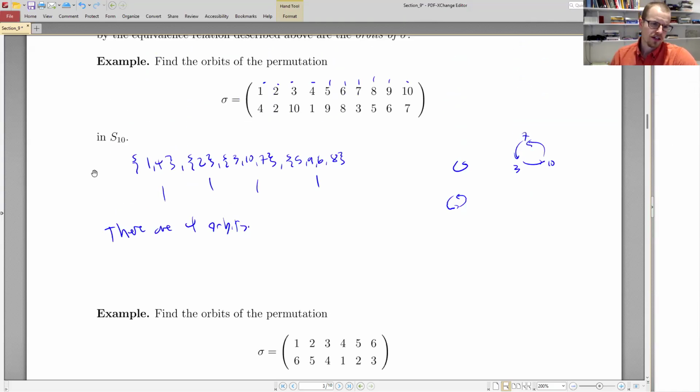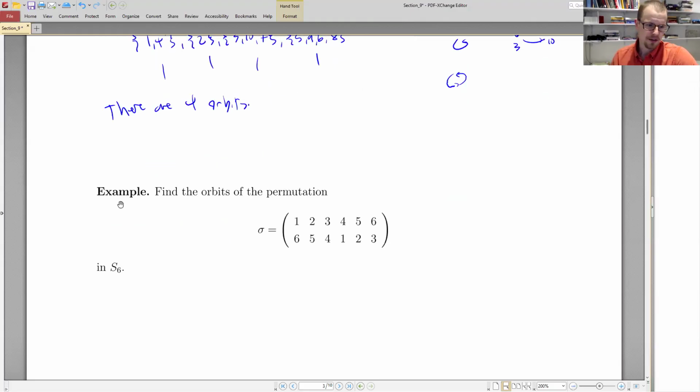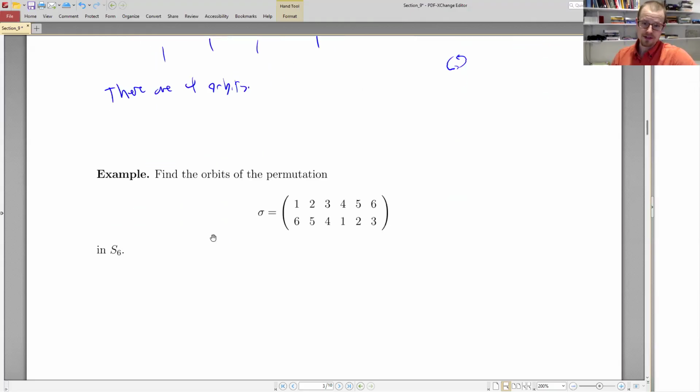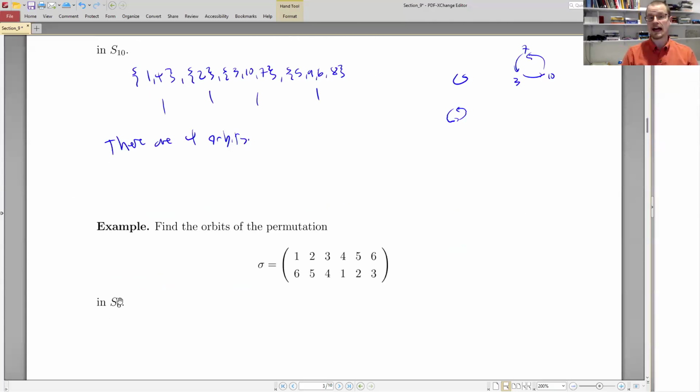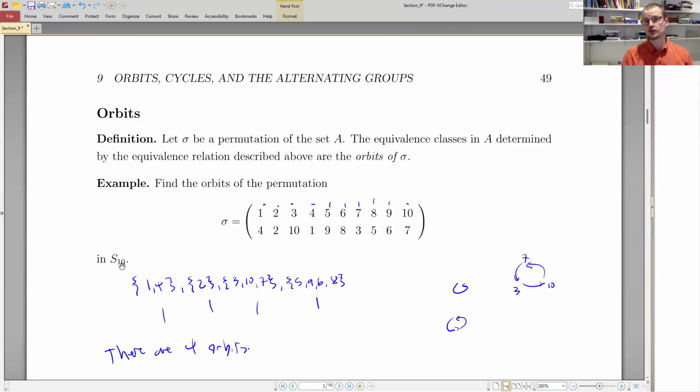Now, you might say to yourself, well, Dr. Reinhout, you haven't mentioned the S10 here, and here it's S6. The fact that we're talking about S10 or S6 is primarily relevant because this tells us the set that we're working with. We're working with the elements 1 through 6 here. We're working with the elements 1 through 10. That's important more so when we look at further notational developments. Sigma, we don't have to represent in this way.